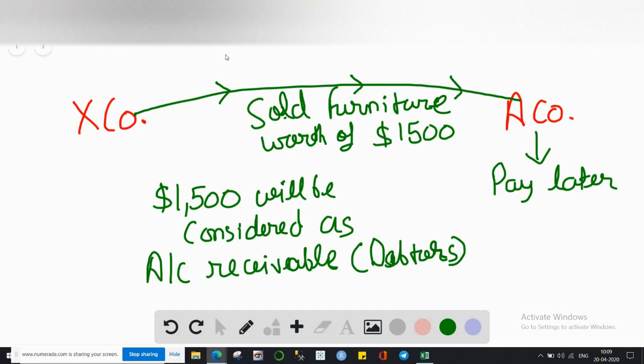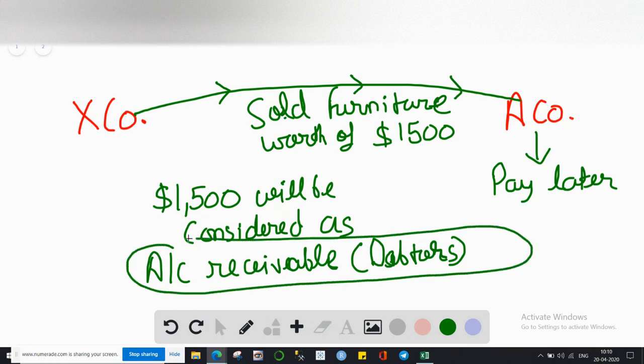It's like a day to day transaction that will obviously have to happen to make a profit for the entity. So that is why accounts receivable or debtors will require debit and credit entries throughout the accounting period.